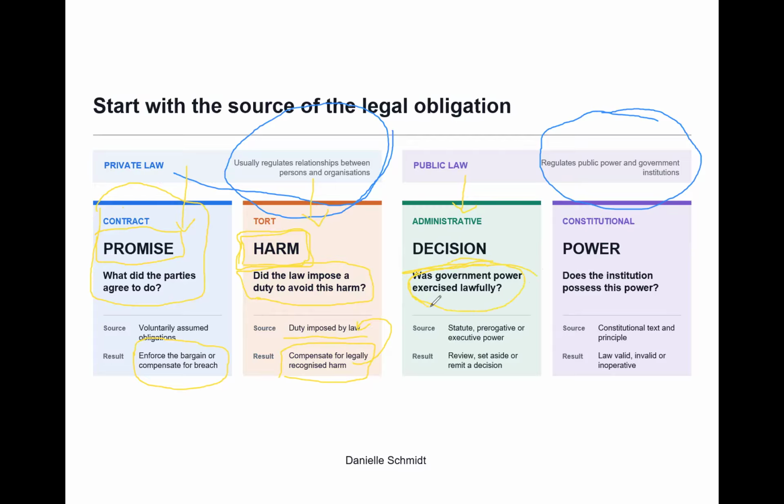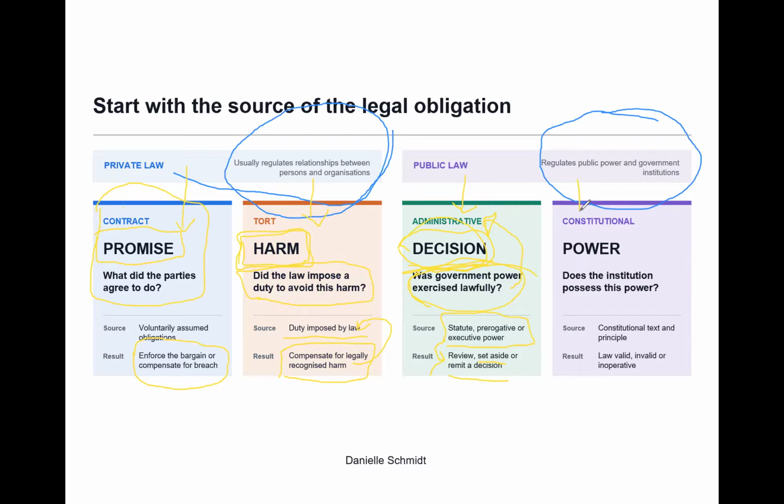We are looking for the source of power, which might be statute, executive power, etc. And the result is a review of the decision. The decision may be set aside or the decision may be remitted. So that is administrative law in the problem question. We are looking for a decision and you may be advising the party on what they can do about that decision.